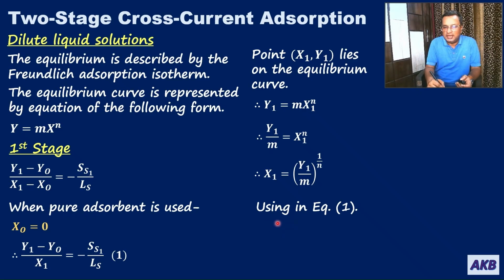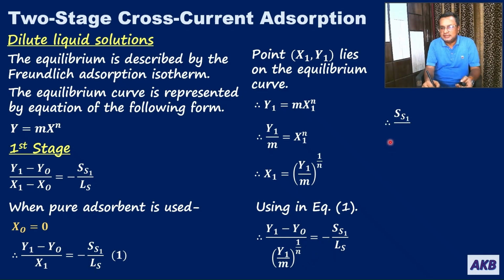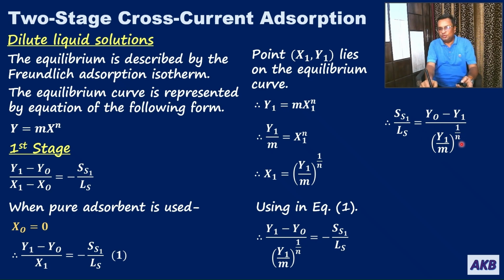I will use the equation for X1 in equation number 1. So I will get this equation: capital Y1 minus capital Y0 upon capital Y1 divided by m raised to 1 by n, that is equal to minus SS1 upon LS. So SS1 upon LS is equal to capital Y0 minus capital Y1 divided by capital Y1 by m raised to 1 by n.